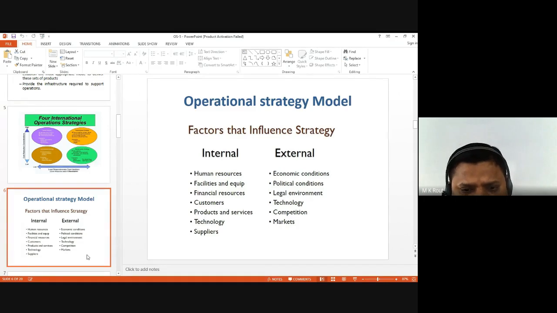In case of internal factors, first is human resource. As you know, due to cross-cultural activities in multinational companies, if you take the case study of Chevrolet Motors, the company belongs to South Korea, and the manpower, especially in the human resource department, are mostly local people. In that case, what will happen?